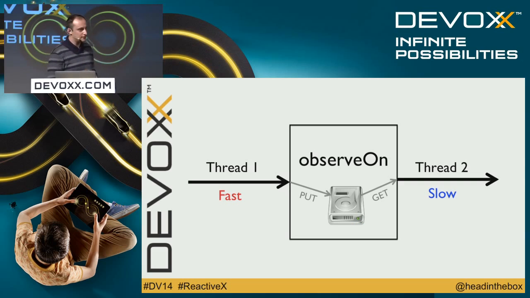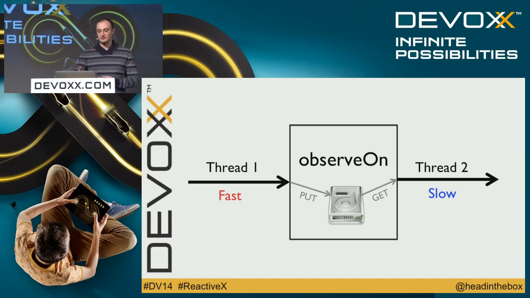Now, internally, obviously, observe on must have some type of buffer, right? Because the left observable is putting items in this buffer, and the right one is taking them out. Now, if this first observable is really fast, it can obviously fill the buffers, right?